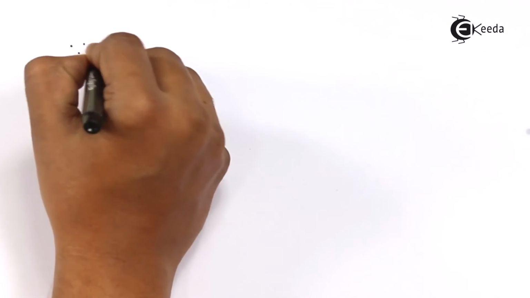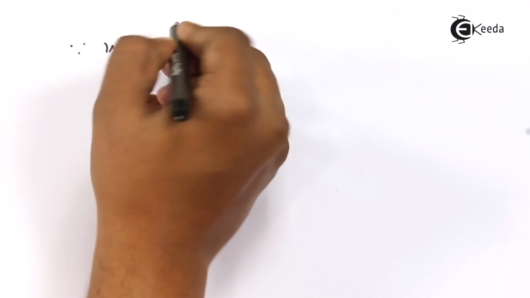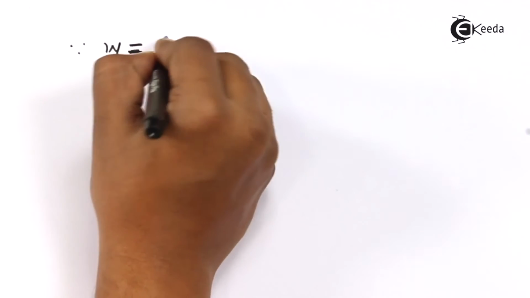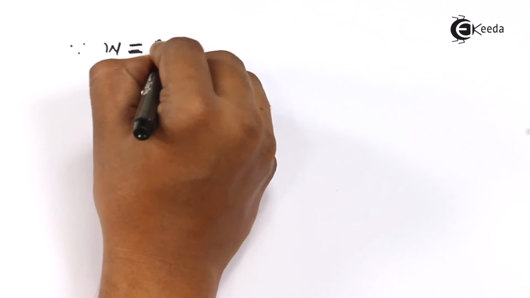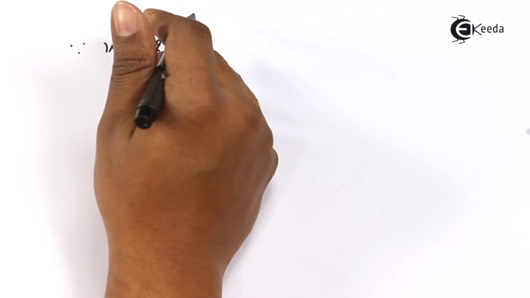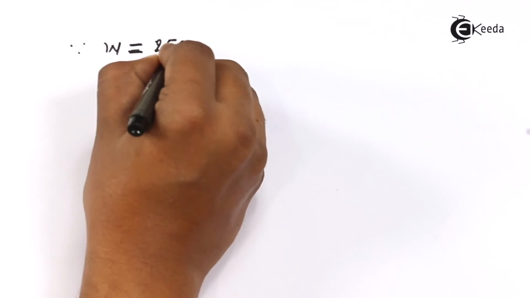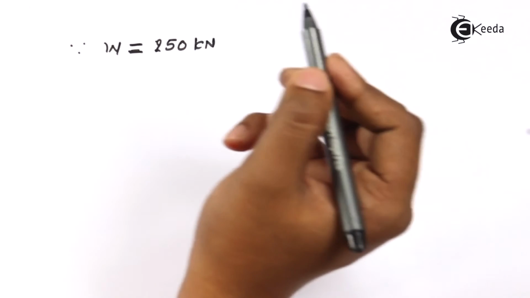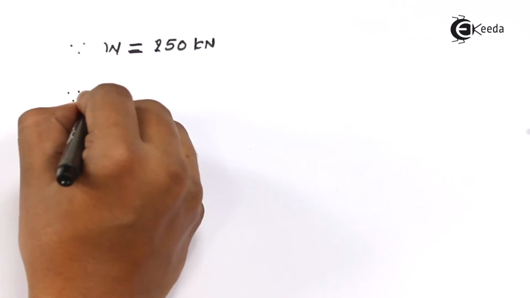The crushing value that we already have, the value which is acting on this particular screw, is already smaller than this, right? And hence we know that W, the value of W which was given to us, was 250 kilonewton, right?